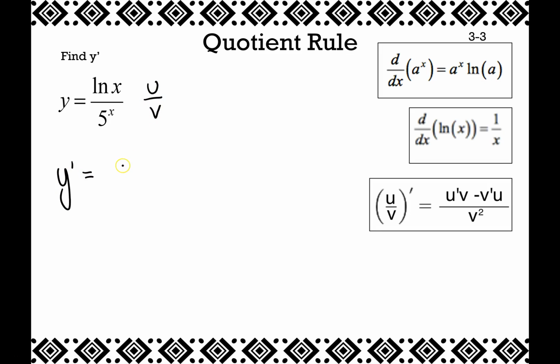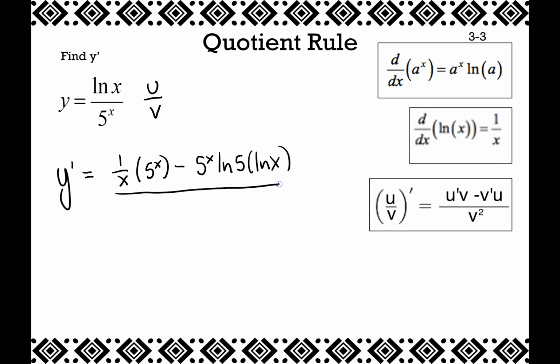So we've got our u prime, which is 1 over x, times our v, which is 5 to the x, minus v prime, which is going to be 5 to the x ln 5, and then times u, which is ln x, all divided by the denominator squared, which is 5 to the x squared, and we can multiply x times 2, which is 2x, and we can write this as 5 to the 2x. Although if you wanted to keep it as 5 to the x squared, you can do that as well.